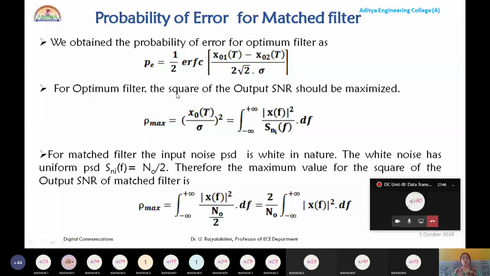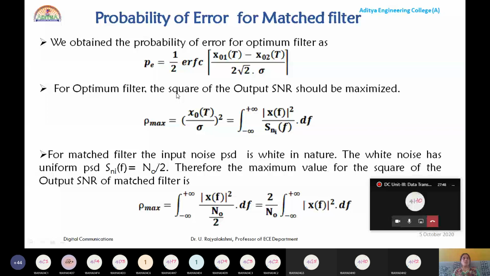For the optimum filter, what is the assumed value? The square of the SNR is assumed as rho max. You should maximize that rho max. The value is x0(t)/sigma whole square. Already we calculated the same value, and for the optimum filter we obtained the square of the output SNR as the integral from minus infinity to plus infinity of |X(f)|^2 divided by S_ni(f) into df.